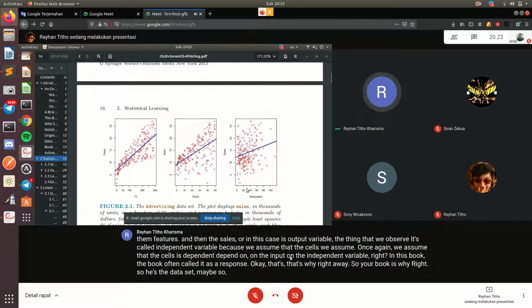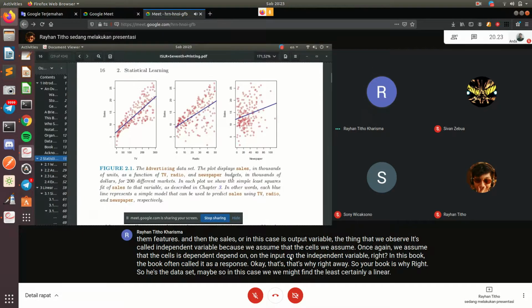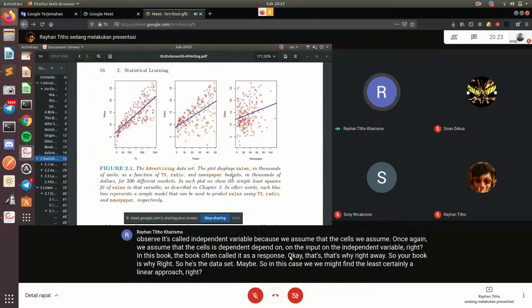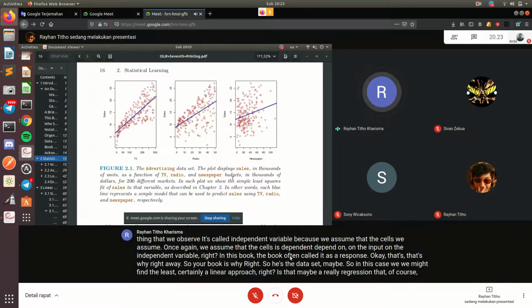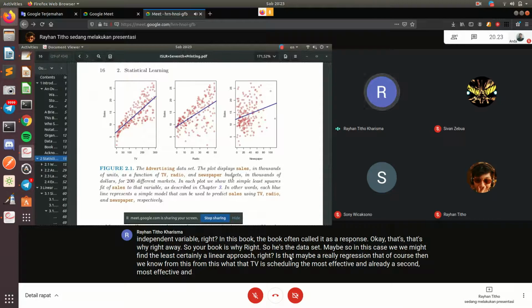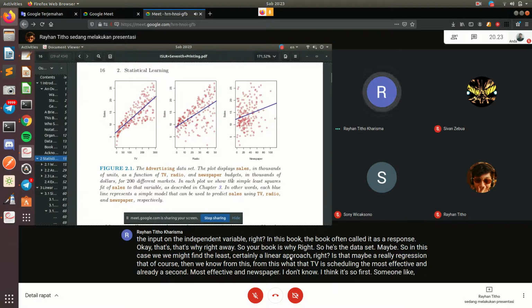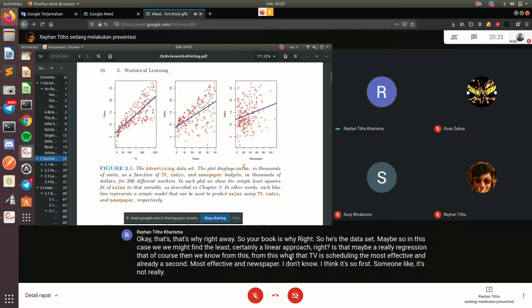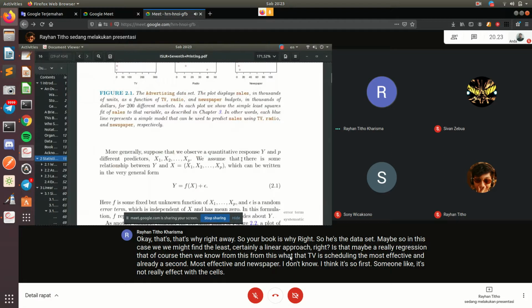So in this case, we might find this is certainly a linear approach, maybe a linear regression. From this plot we know that TV is basically the most effective, radio is the second most effective, and newspaper, I think, is not really related to the sales.